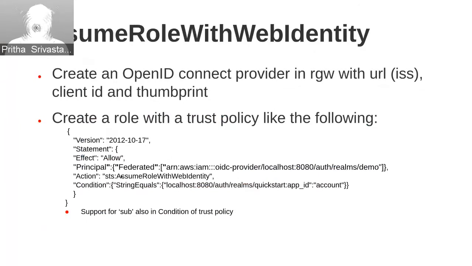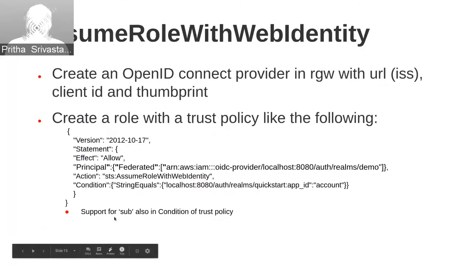This trust policy also has a special condition element, which is based on the aud field of the incoming web token. This example says that only those users will be allowed to assume this role which have the value of the aud field in the web token set to account.